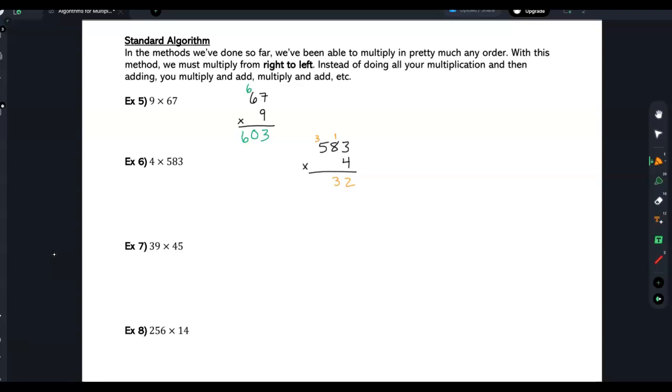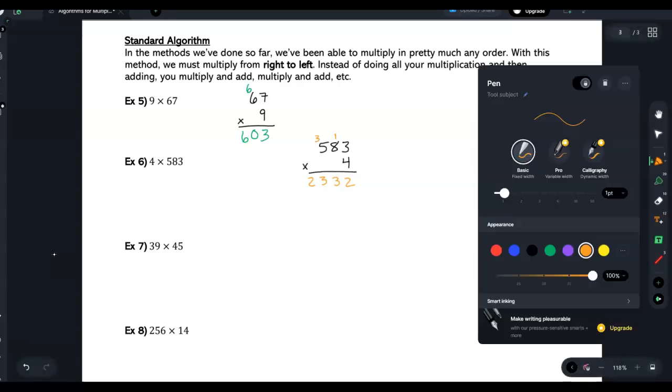So 4 times 5 is 20, but instead of writing 20 down, I'm going to add the 3 that I regrouped. So I get 23. And there's no other digit in the next place value for me to regroup the 2, so I just go ahead and write that down. It's essentially saying 2 plus 0 is 2. And so my answer here is 2,332.